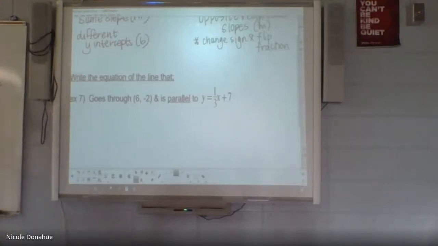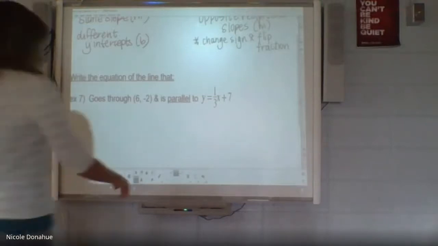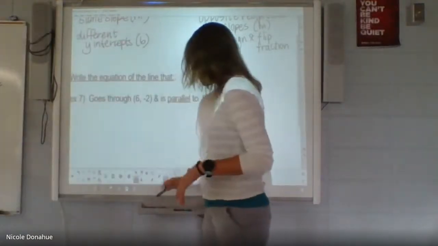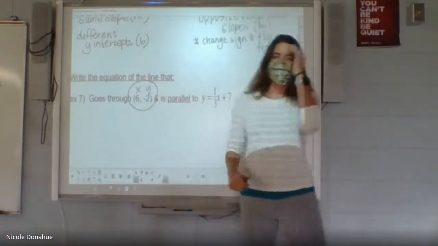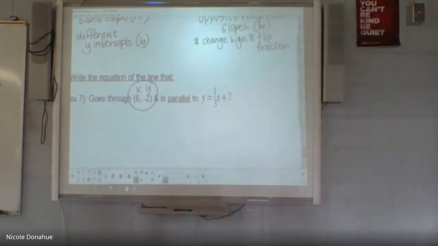Yeah, Bella? The points it goes through. So we know x and y. So I can use that x and y. What else do I know? Yeah, the line that it's parallel to. Based off of that, is there anything I can take out of that equation?